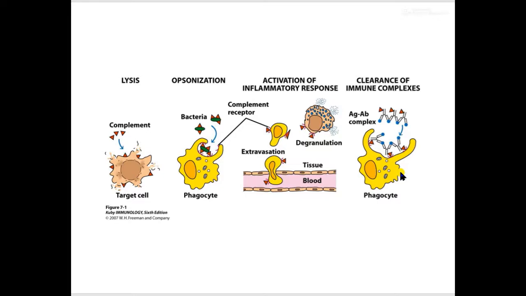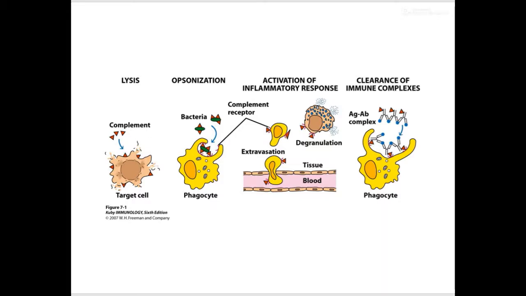At first, the complements were described as proteins which would aid in the clearance of the immune complex. But that was not the only role of a complement, as they also perform various other functions within the body.